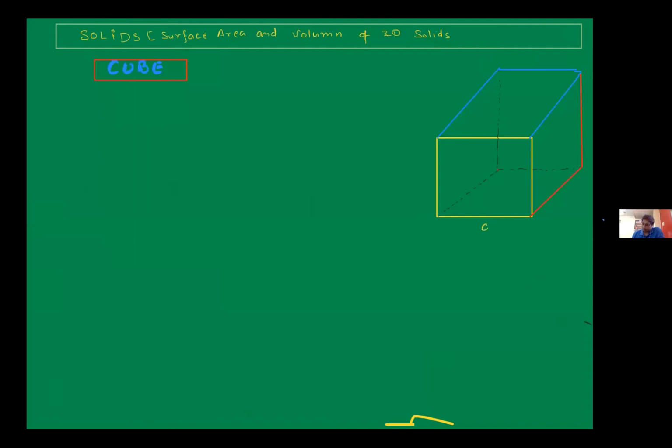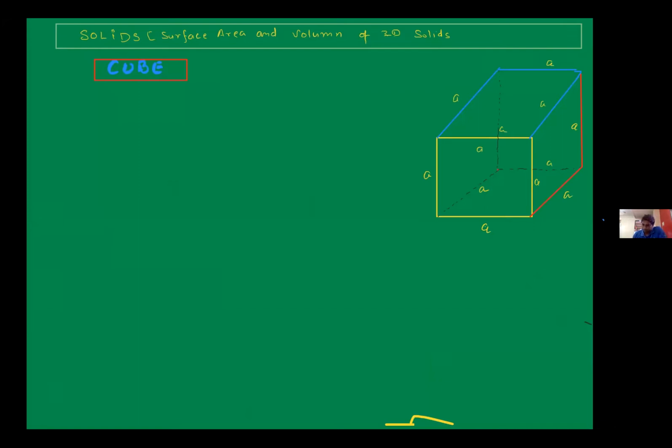I will mention this here: this is the side A, this side will also be A, this side will also be A. All the sides of the cube are the same. The length of each side is A.